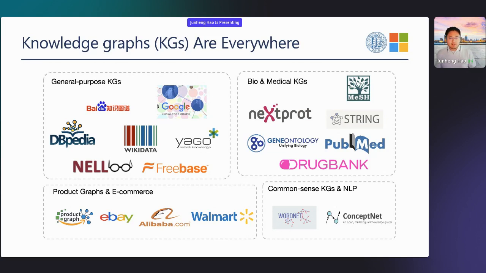Most likely people are going to talk about or see Wikipedia-style encyclopedic knowledge graphs, but also other domains like e-commerce for product information, biomedical for pathways, proteins, and biological knowledge, and more academic styles for common sense knowledge, such as WordNet or ConceptNet. Those are various types of knowledge graph that support various functions.